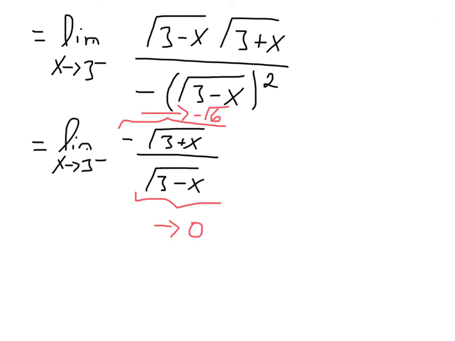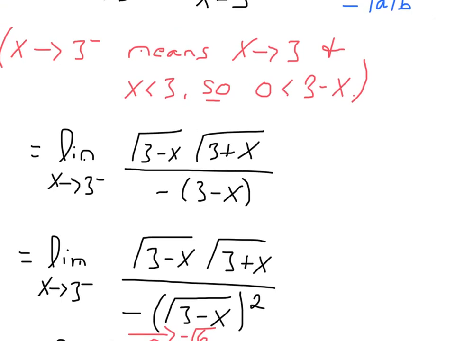Well, we already noted above that as x tends to 3 from the left, all x's that we're considering are less than 3. So 3 minus x is bigger than 0. The positive square root of this positive number is bigger than 0 as well. So I can say that this denominator is tending to 0 from the right. Where did we say all that? We said it right up here. Okay. So now going down again.